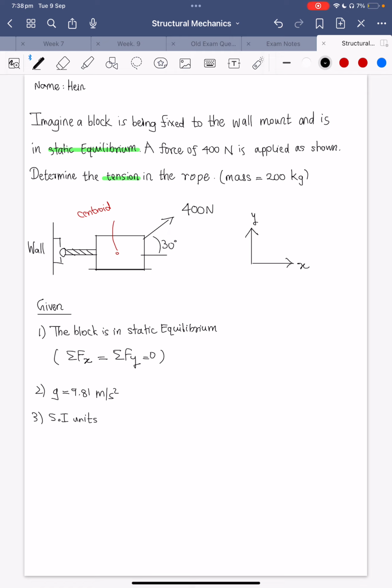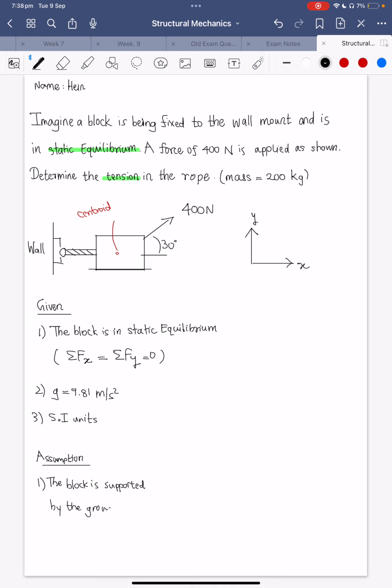My assumptions are as follows. First of all, I don't think I have many assumptions. So here, the block is supported by the ground, right?